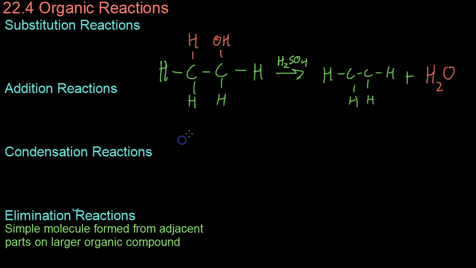So for example, if you have ethanol and you speed up this process with sulfuric acid, you can decompose it into ethene, which has a double bond here, as well as water. That's just because this hydrogen and hydroxide eventually react together to form H2O. It's called an elimination reaction because you have parts up here to begin with, and you don't afterwards. Basically, you eliminate these two groups from the compound.